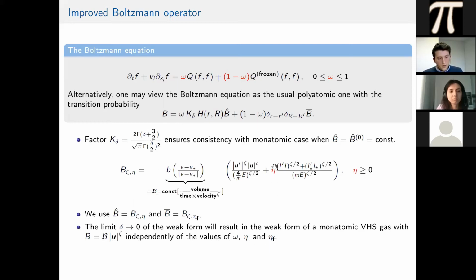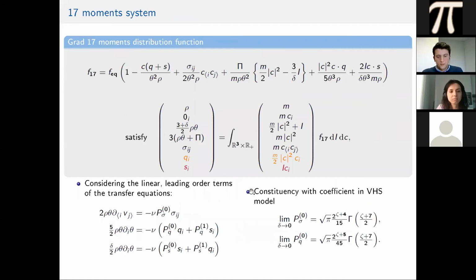And then in the frozen part, we also exchange this eta for eta frozen. So now we have a lot of parameters, and these parameters are very useful because you can adjust your coefficient.